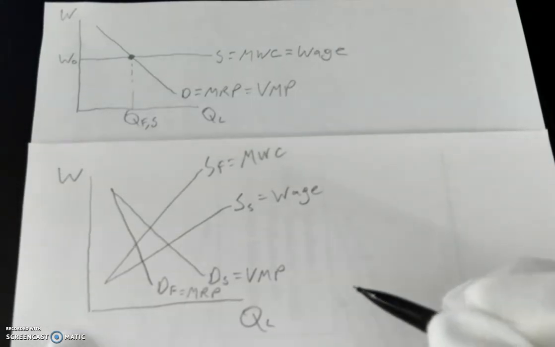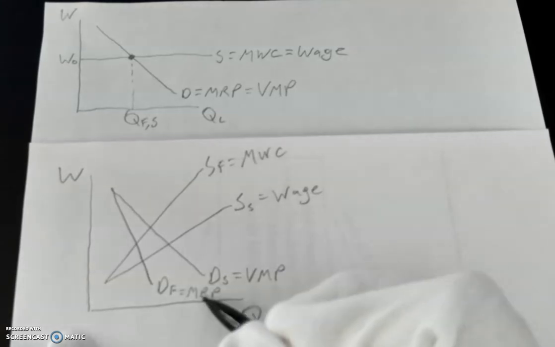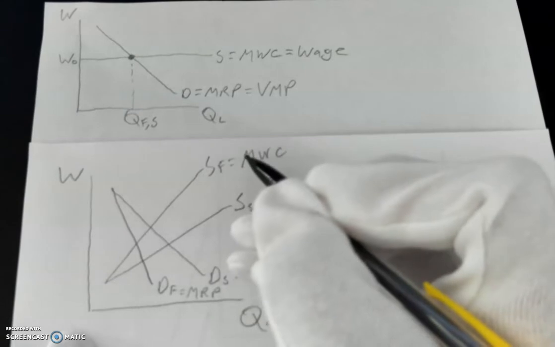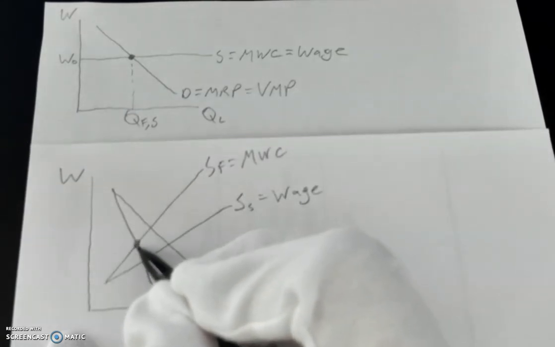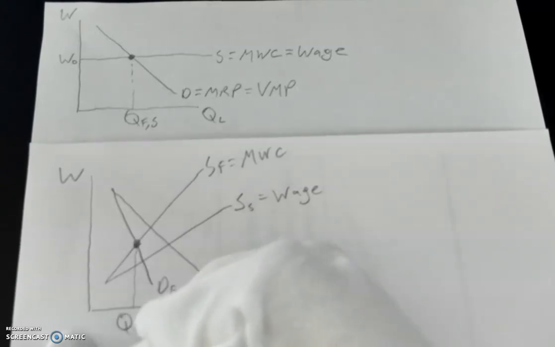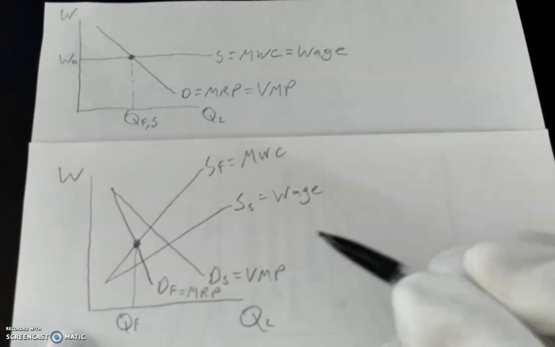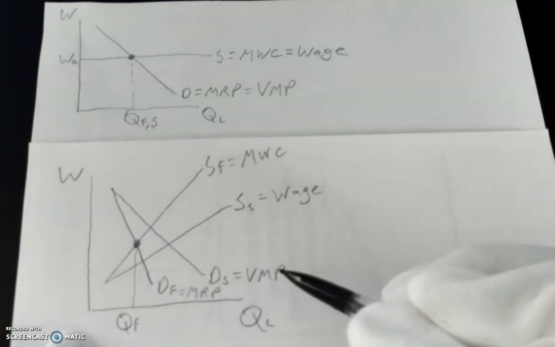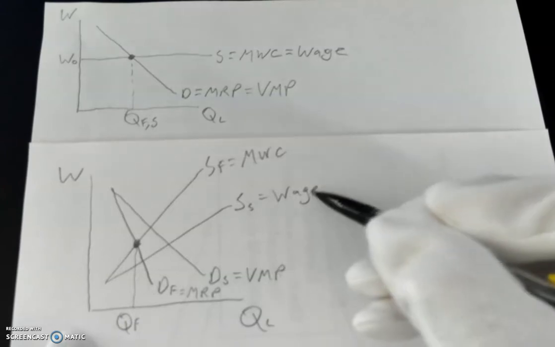So again, one extreme to the other. We use the same process. The firm is going to profit maximize by equating the marginal revenue product with the marginal wage cost. That's going to be right here. Okay? So they're going to choose Q firm. Society is going to efficiency maximize, or want to efficiency maximize, by equating the value of marginal product with the wage.